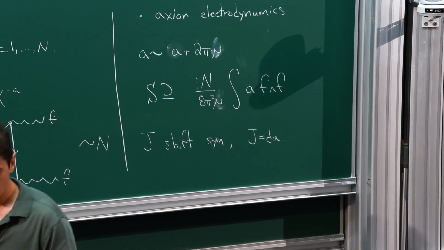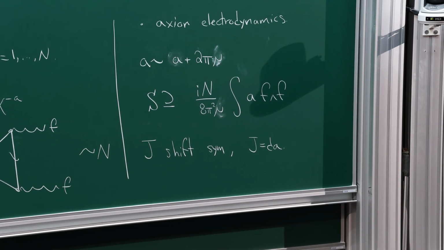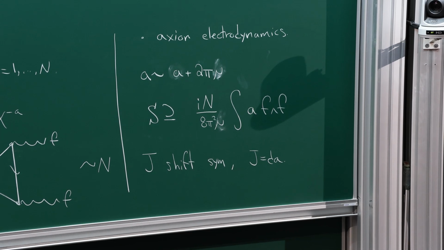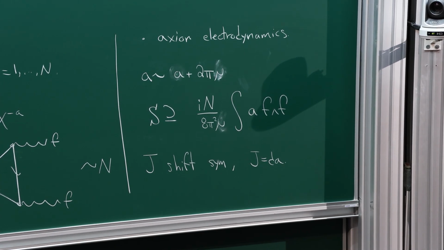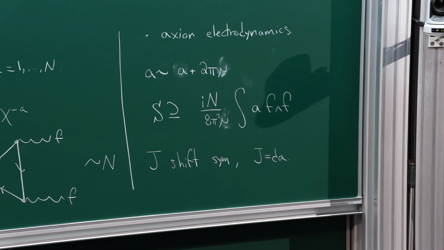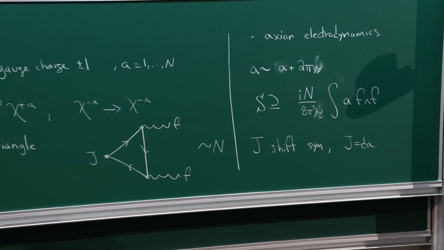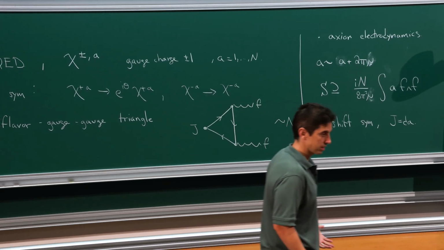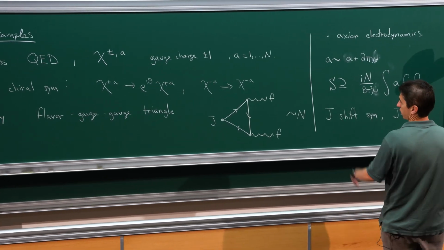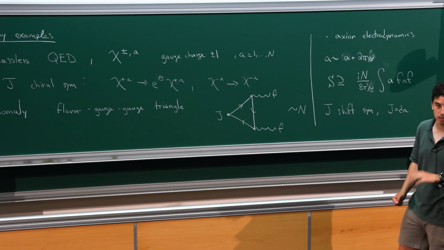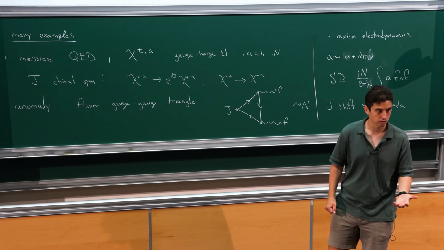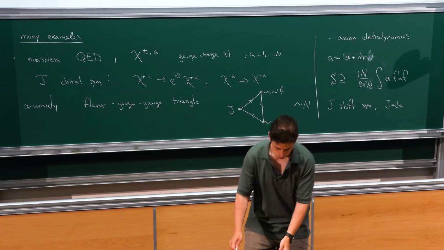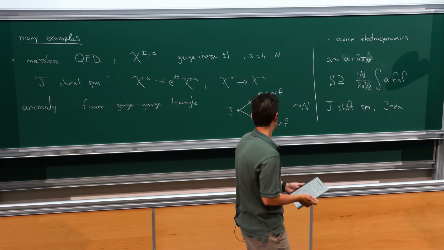I shouldn't bewitch you into thinking that there are only examples in abelian gauge theory. Those are the most accessible examples because everything is what you see is what you get. There are also non-abelian gauge theory examples, UV complete examples, where there are discrete analogs of that equation. But I don't want to get into all the technology needed for that. You can read about it somewhere else. So we'll do these accessible cases.